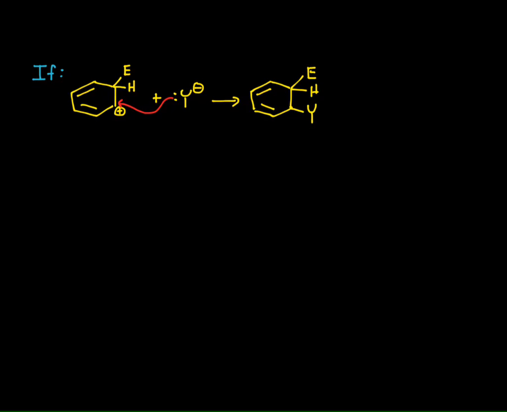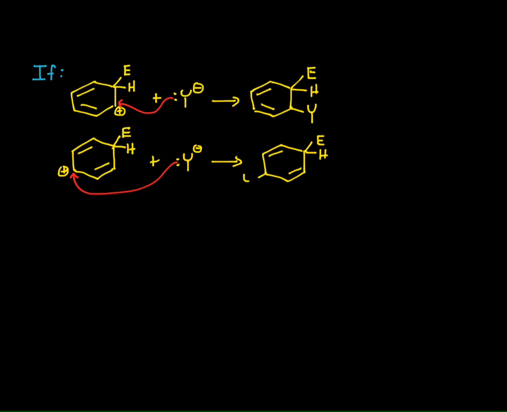Now, because there's resonance throughout, you could also envision this carbocation also reacting with Y minus, just like we saw with allylic systems, right, where you could get one or two products based on resonance structures. And of course, if Y minus attacked this carbocation, then we would get a 1,4 addition.